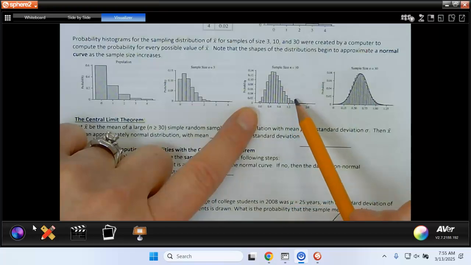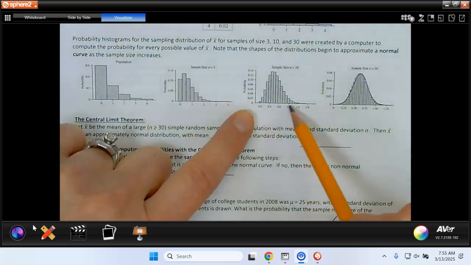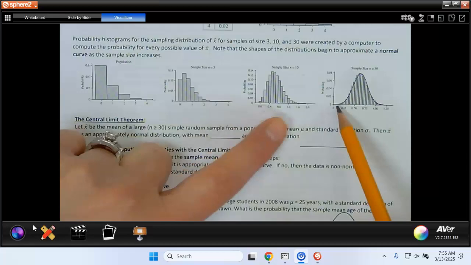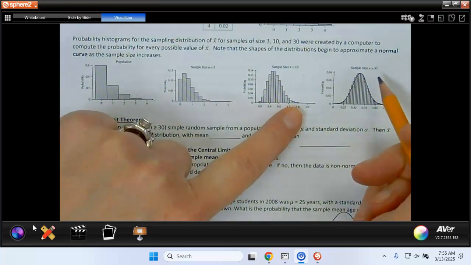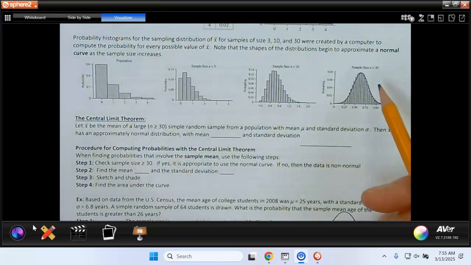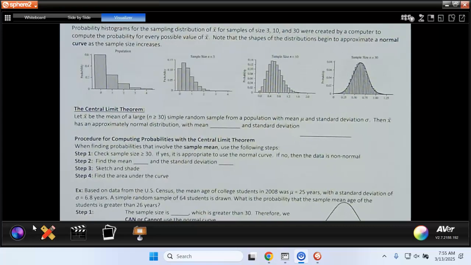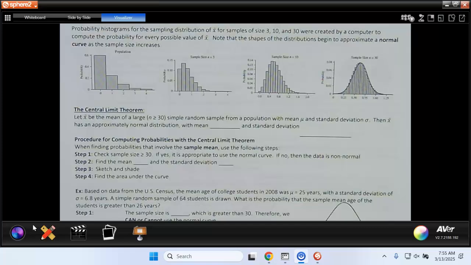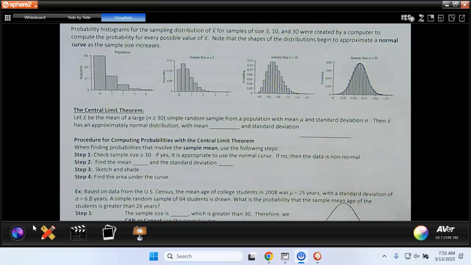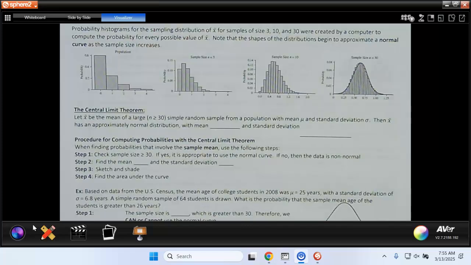Then we do 10 classrooms, and notice it's honing in on this x-axis. And then ultimately at 30, that's kind of your key number. If you get a sample size of 30 or more, or you're told that the population is normal, you can go ahead and use the population mean as the mean of your sampling distribution, and for the standard deviation, you can use the standard error.